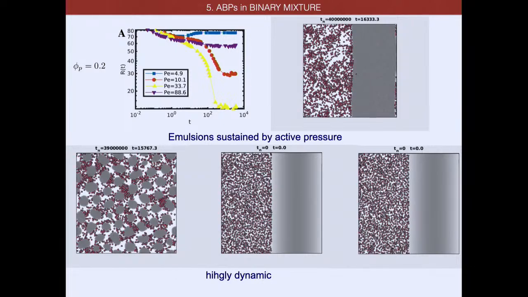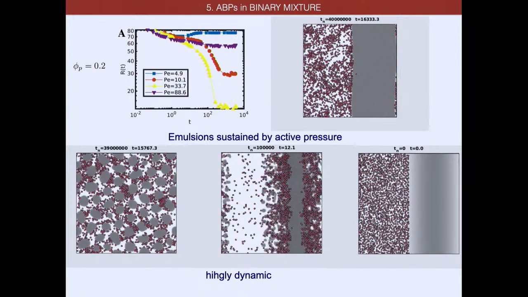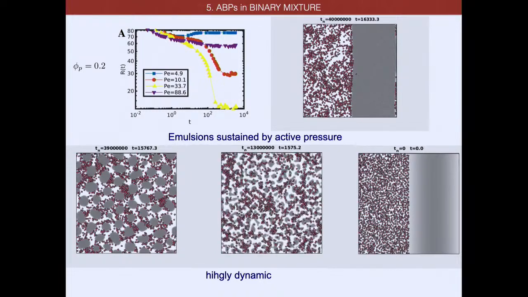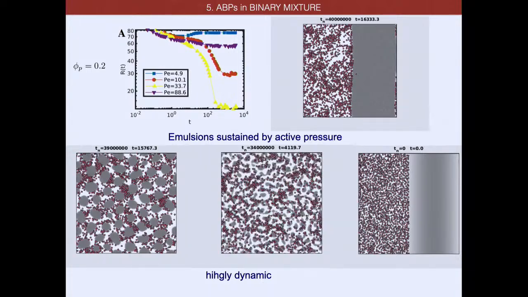Now there is this intermediate case, which I will show you, where they start being able to go through the gray phase. And here, it's not just that the domains are smaller, it's that they are much more dynamic. So we classify these as two types of active emulsions.